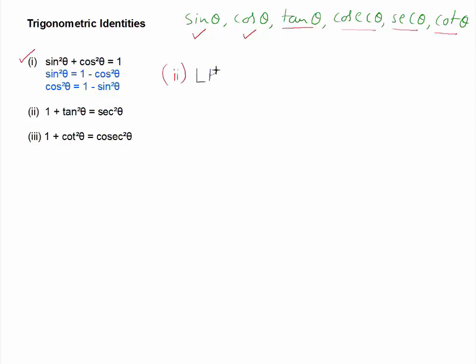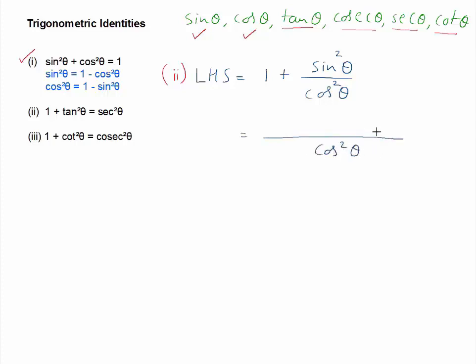So we'll start with the left hand side. That's 1 plus, now this is tan square theta. Now tan theta is sin theta by cos theta. Since there is a square, we will get sin square theta divided by cos square theta. Now we will take LCM. So LCM will be cos square theta.